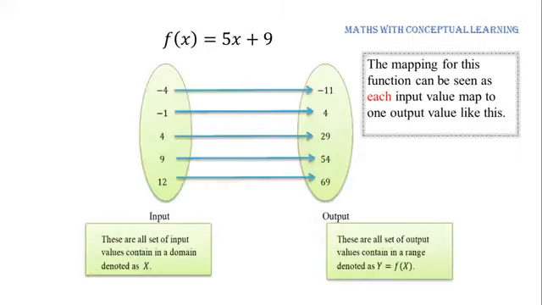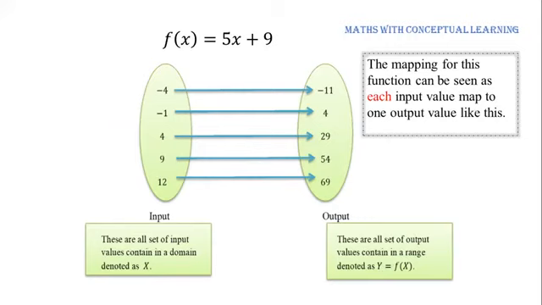So we can associate a mapping like this. Here, each input value maps to a unique output value. You can see here -4 maps to -11, -1 maps to 4, 4 maps to 29, and so on.